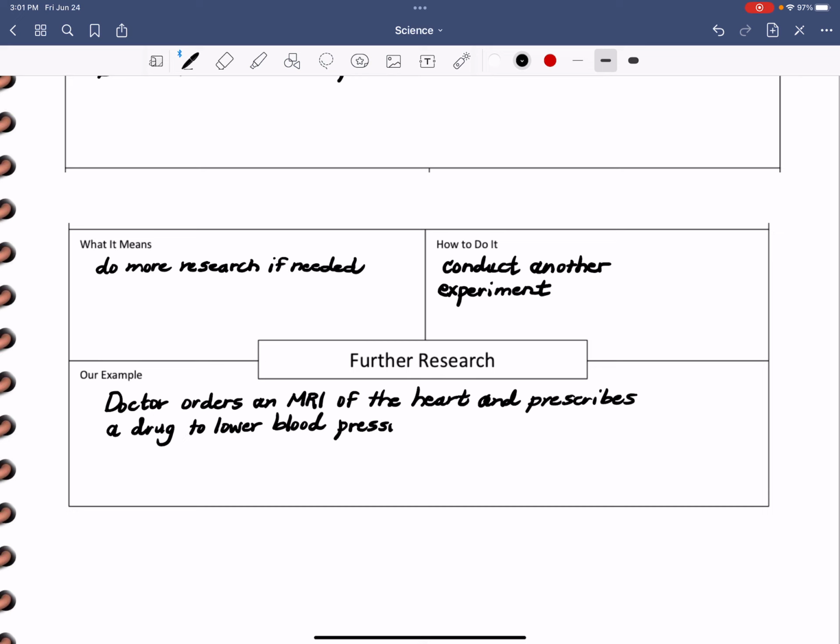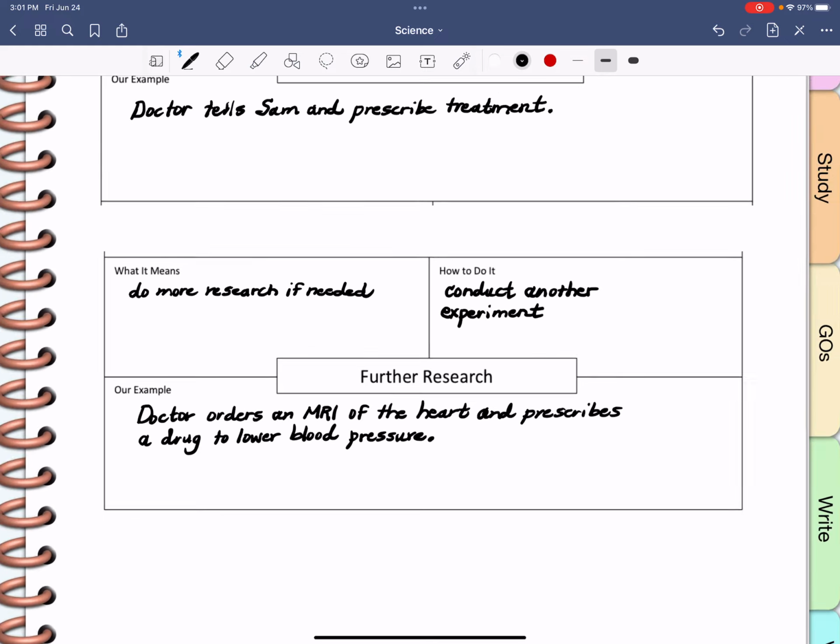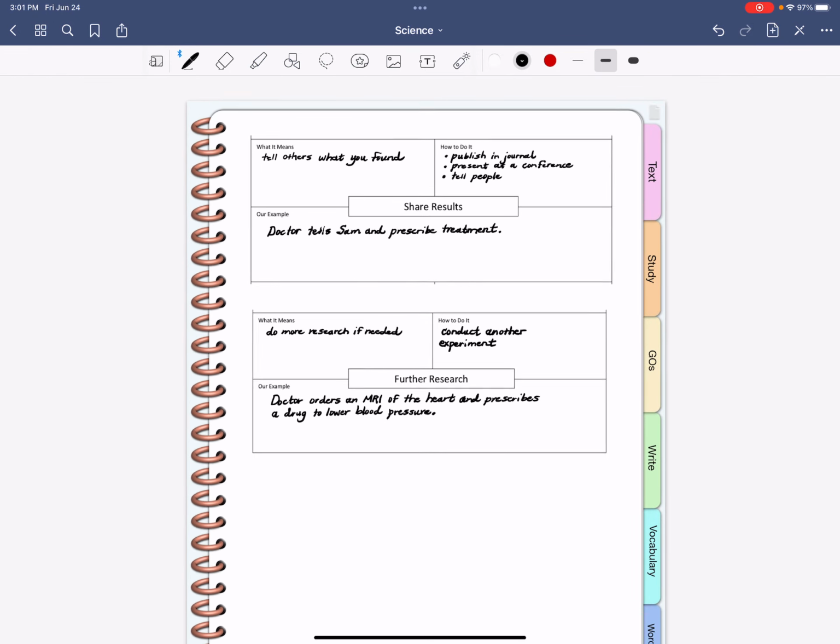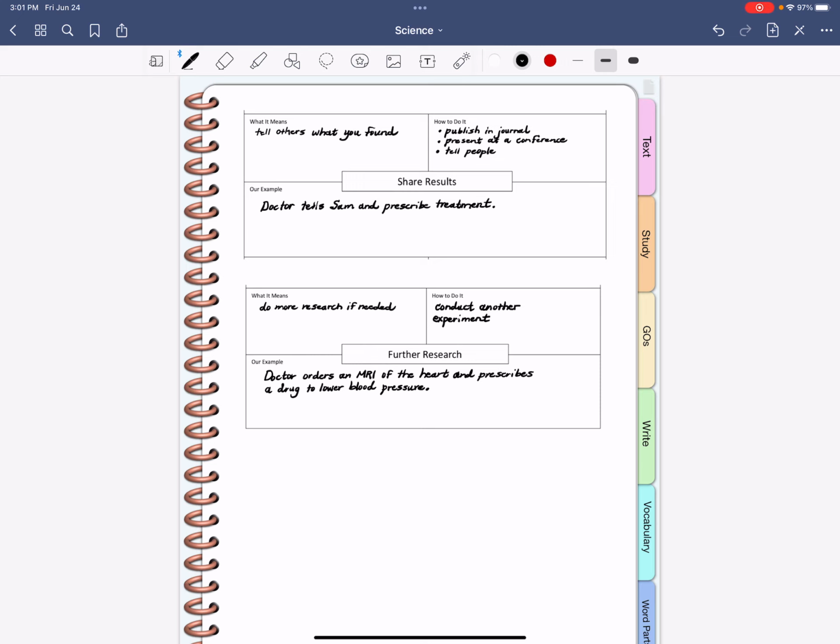Okay, that's further research. Those are both things that follow a scientific plan that will give more data. So we have the steps of the scientific method with an example.